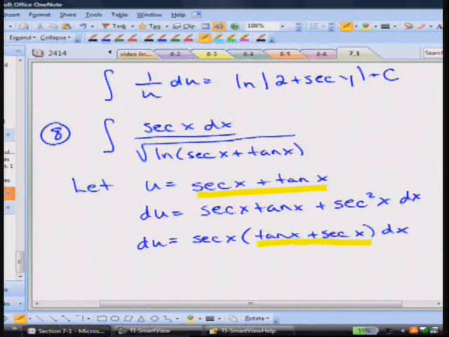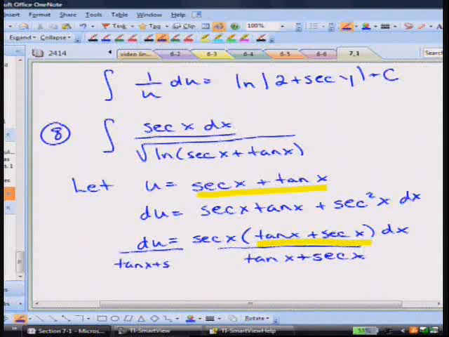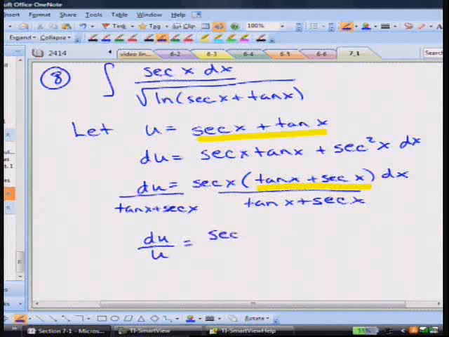So I could say that du divided by u is equal to secant x dx. See, if I divide both sides by tangent x plus secant x, then I actually get du over u equals secant x dx. You all okay? Not sad yet?